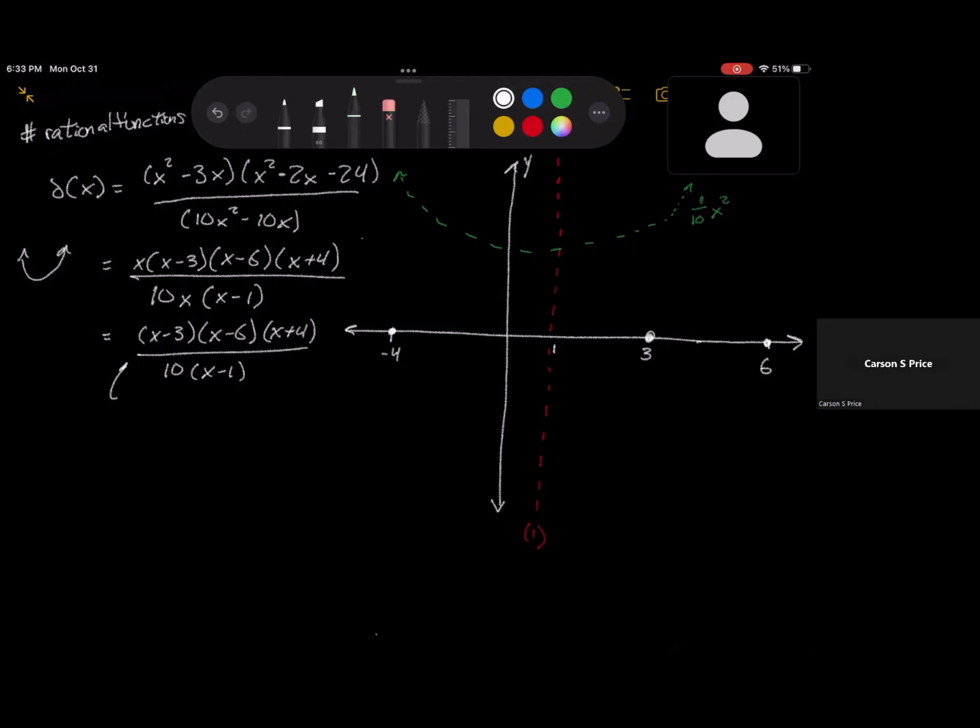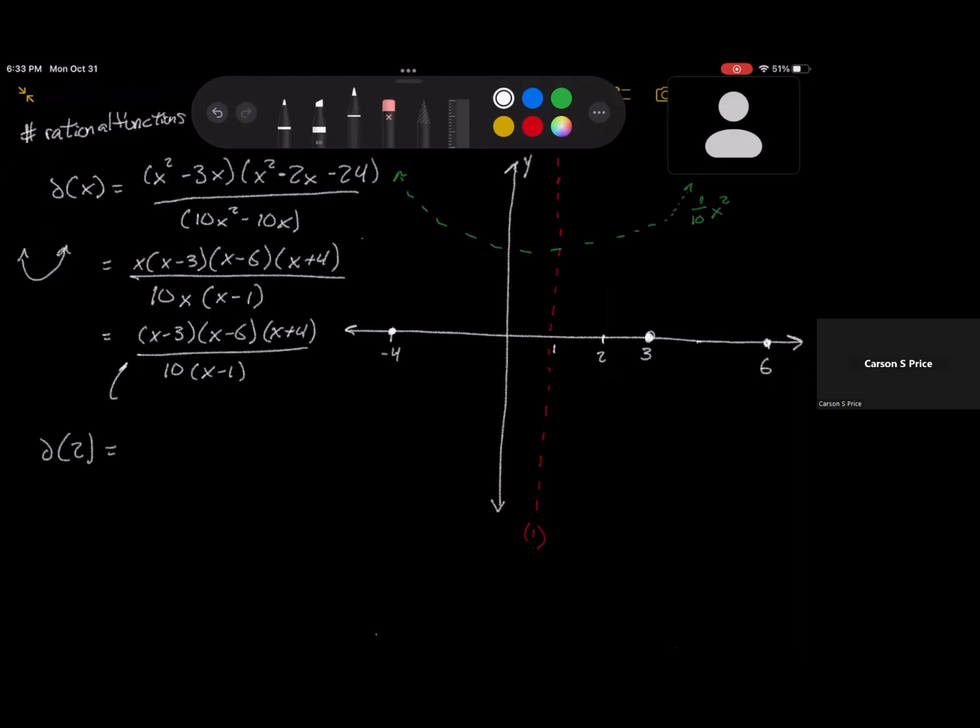Now I think we're ready to fill in the gaps. Let's start here at 3. And as I move in the leftward direction, I do not know if I need to go down like this or up like this. So let's figure out if I'm positive right there or negative. Let's take a test value at 2. What is this function d going to return at 2?